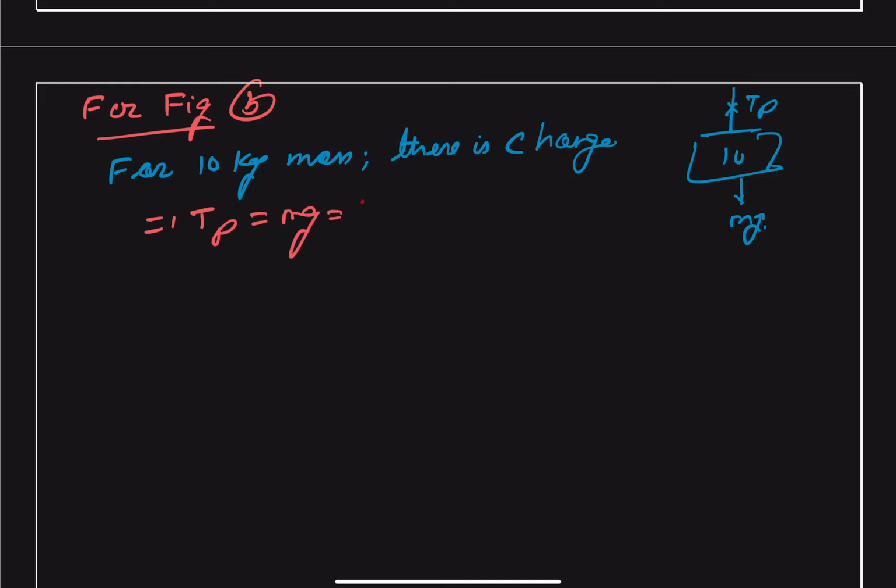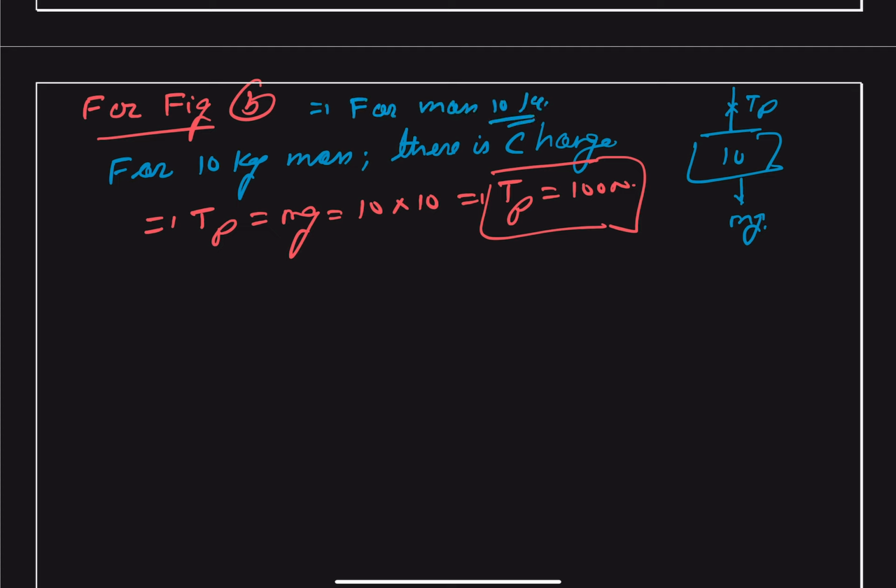So this gives us that tension Tp will be equal to 100 Newton. And this we did for figure B for mass 10 kg. Now let us do, you can say, for 5 kg.